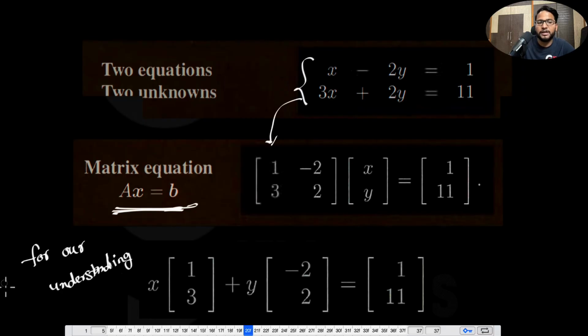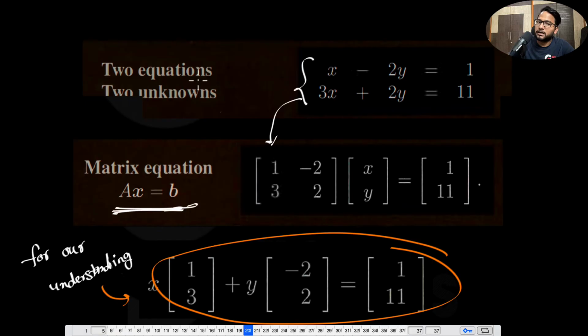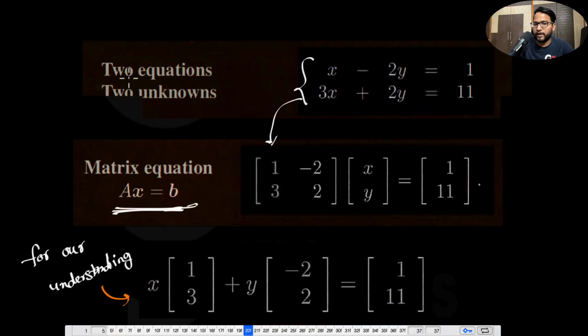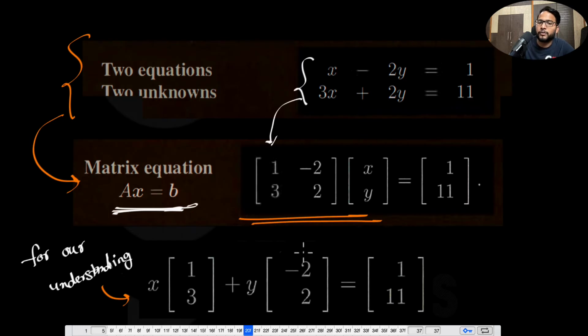Just be with me. Now you might say, okay, why are we understanding this, what are we inferring from this kind of interpretation? Don't worry, all of these dots will get connected. So for now, just understand that if they give you this, then first of all we will write it as Ax equal to B, and then we will do anything else. So for intuitive purposes, we may also understand this Ax equal to B like this also.